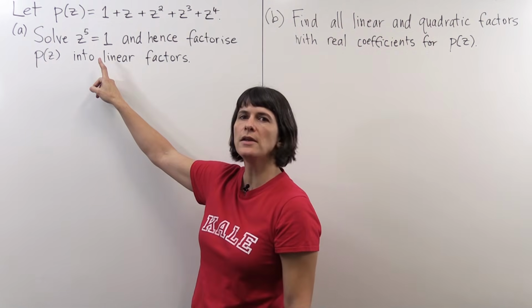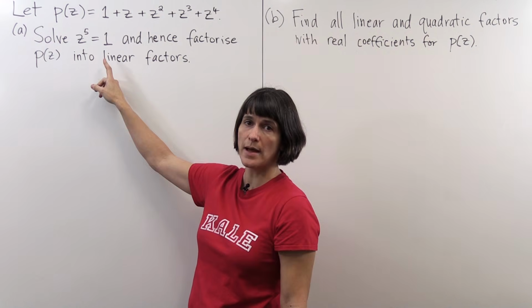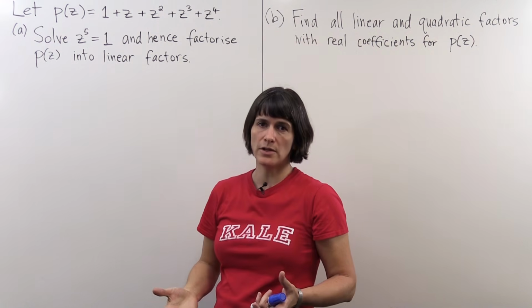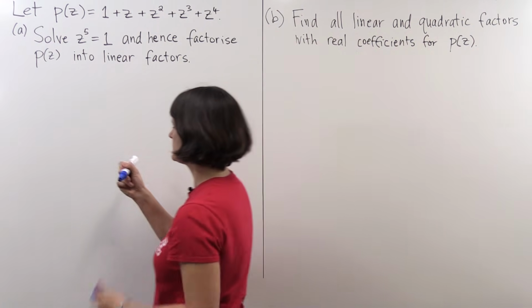Now I'm going to assume that you know how to solve z to the fifth equals 1. This is just the fifth roots of unity, so let's write them down.